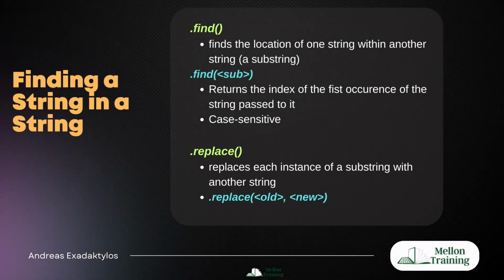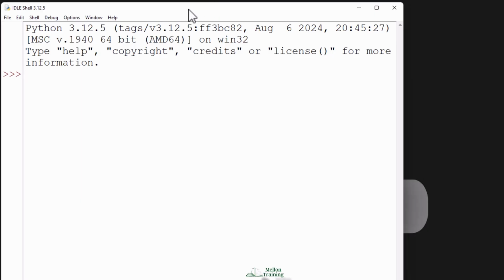Let's try that out in the interactive window. So just like find, you tack the method replace onto the end of the variable or the string literal. Let's say we had a variable called my story.